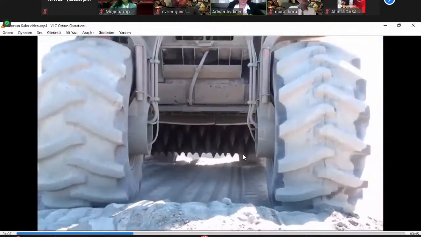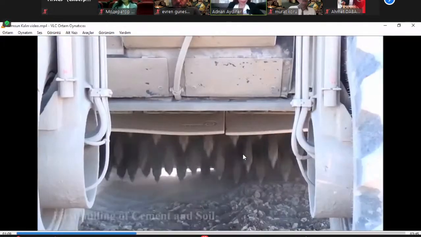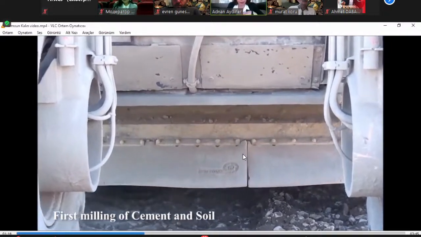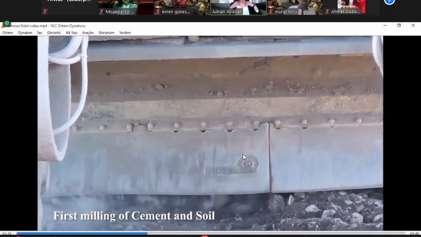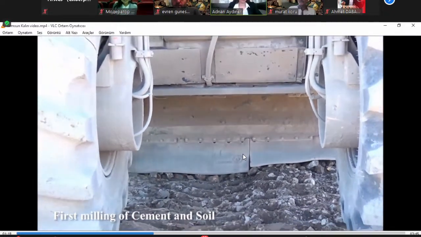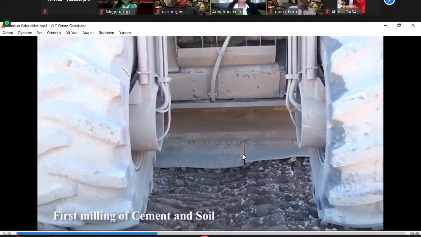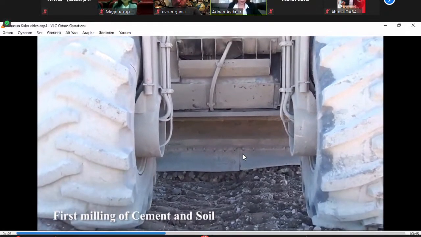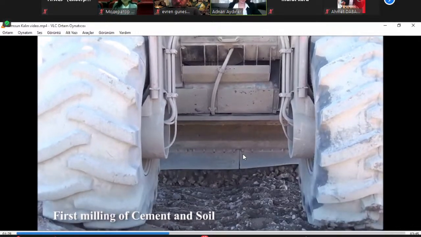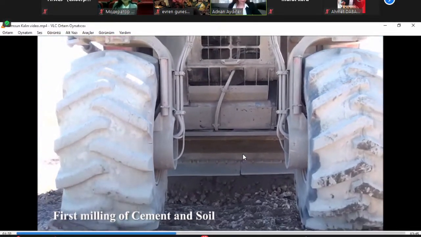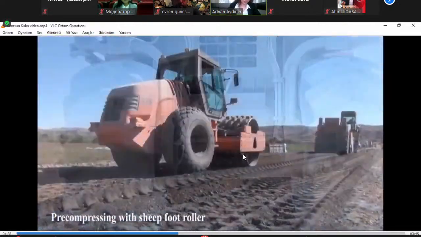Before the NoCrate application, we take samples from the working site and run tests on these samples. The NoCrate amount is determined according to the natural soil analysis results. Using the same soil samples in our own laboratory, NoCrate and cement additive analysis are performed prior to the application.